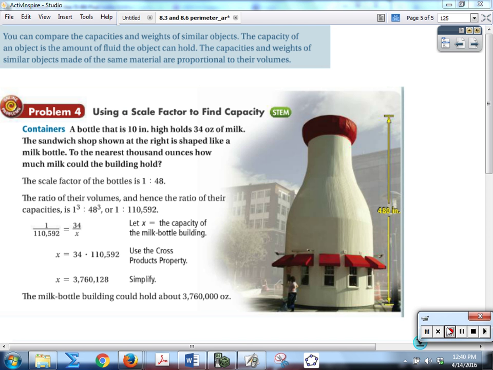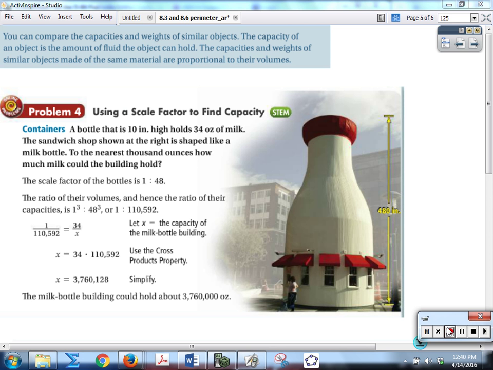So if the regular milk jug holds 34 ounces, this one, if you cube 48, you get this much more. It's going to hold this much more milk if you were to fill it up with it. So instead of 34 ounces, you get clear up to 3,760,000 ounces.